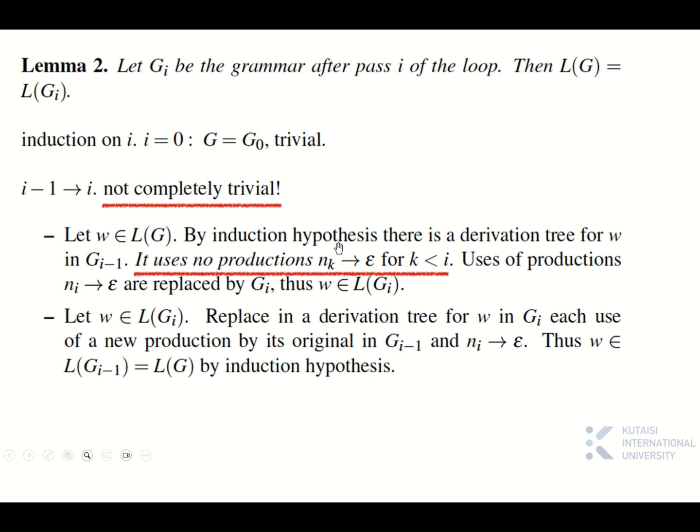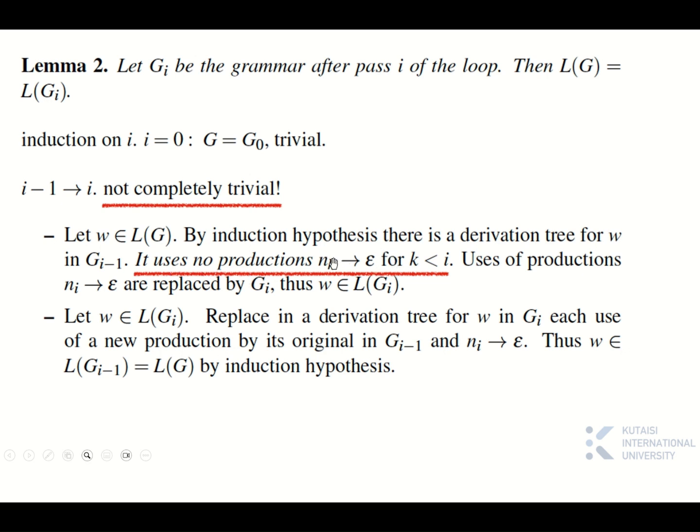By the induction hypothesis, W is also in L(Gi-1), so there is a derivation tree of W in Gi-1. That means it doesn't use the rules Nk implies epsilon for k less than i, because I removed all of them.